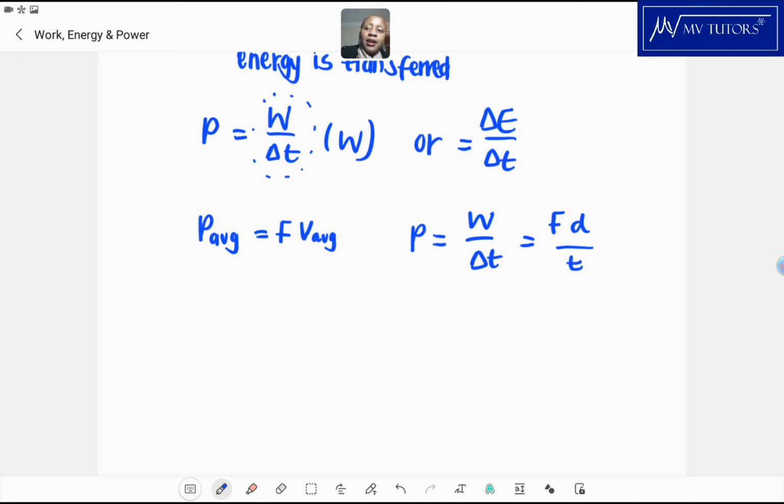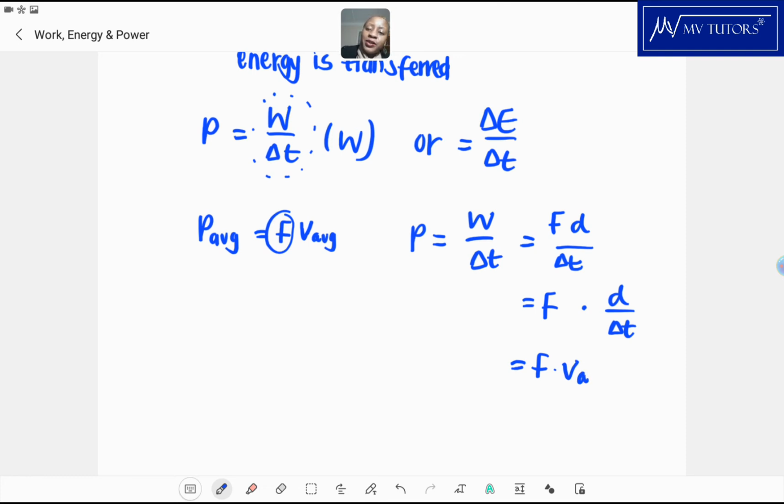The force part we get, right? That's force. And then you have the distance or displacement over delta T, and you know that displacement over time is actually velocity. So that is where that comes from.